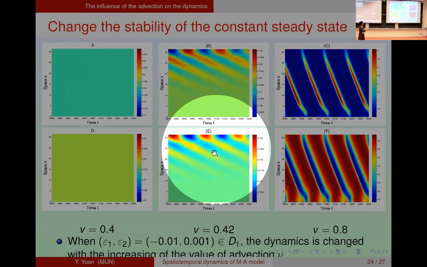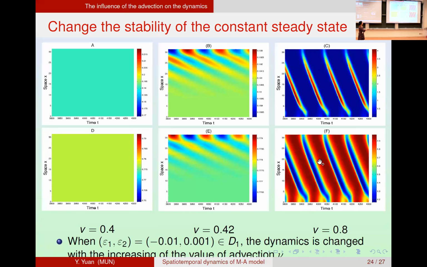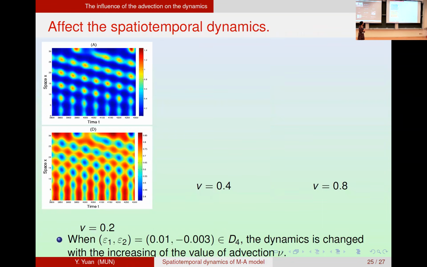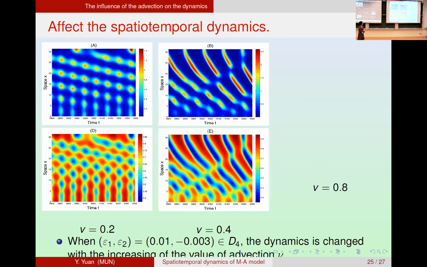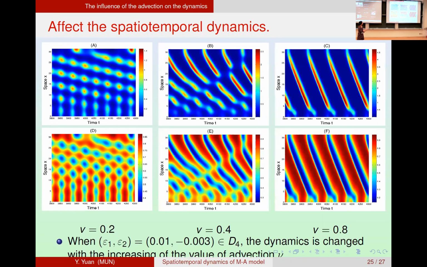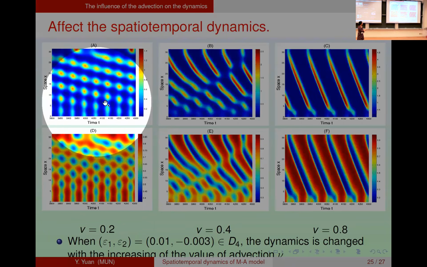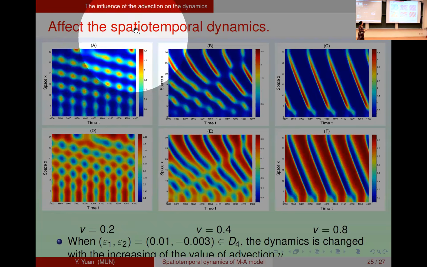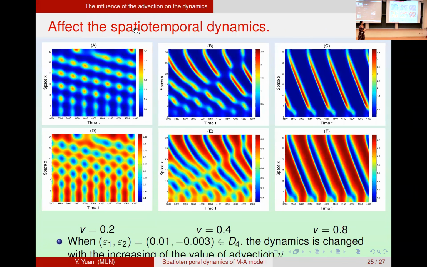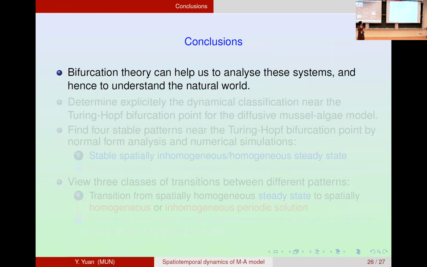Increase it a little bit, and we get an unstable solution. Similarly here, without the advection, we get the inhomogeneous periodic solution, but with it we cannot see anything. It looks unstable now. So this is the main work.